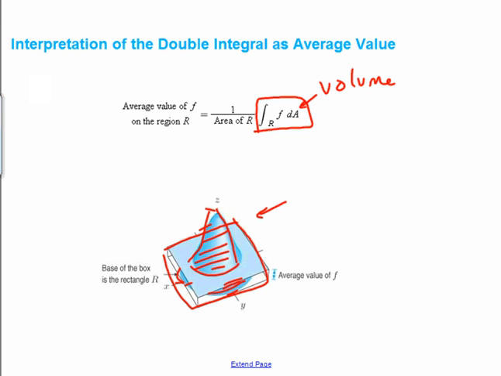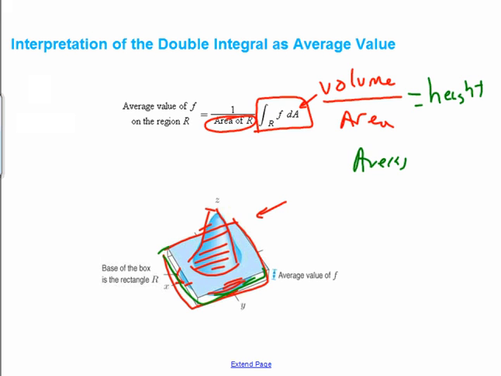But then if I take my volume and I divide it by the base area, so if I divide it by the area, this area down here, all that area, what I'm left with is just the height, or the average z value.